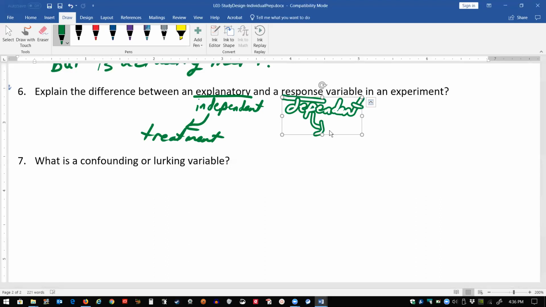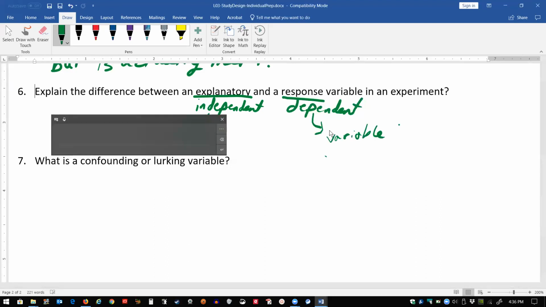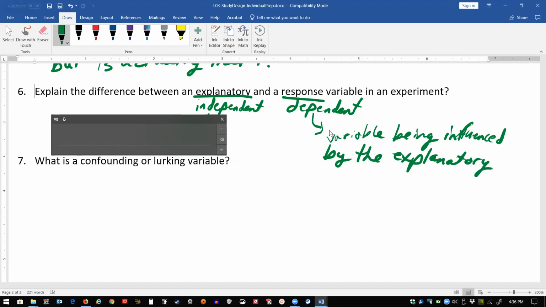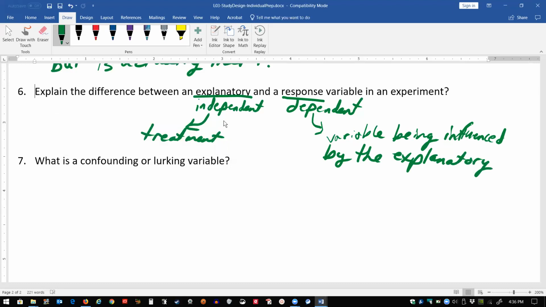So this is, let's write it as the variable being influenced. Influenced by the explanatory variable. So the naming will help you understand. The explanatory variable explains what happens.